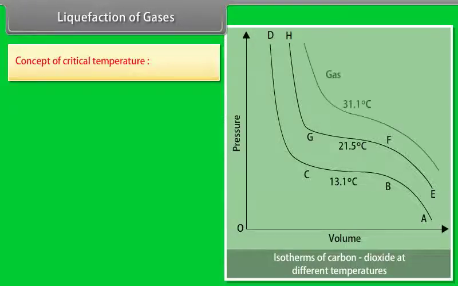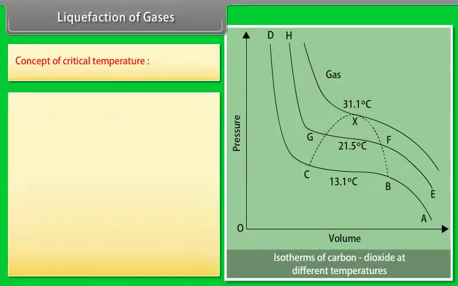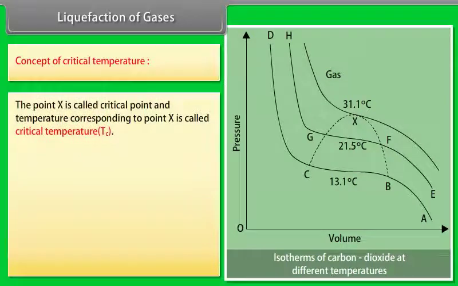In the isotherms above 31.1 degrees Celsius, the horizontal portion completely disappears. This shows that above 31.1 degrees Celsius, the liquefaction of the gas does not take place at all, howsoever high pressure may be applied. The point X is called the critical point and the temperature corresponding to point X is called critical temperature.